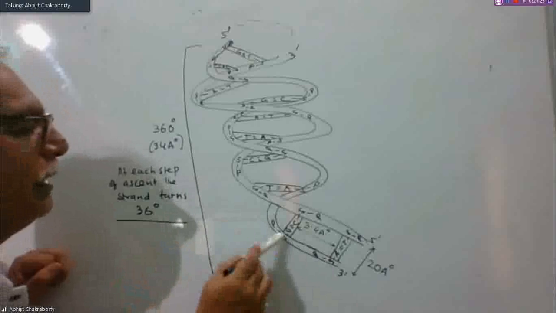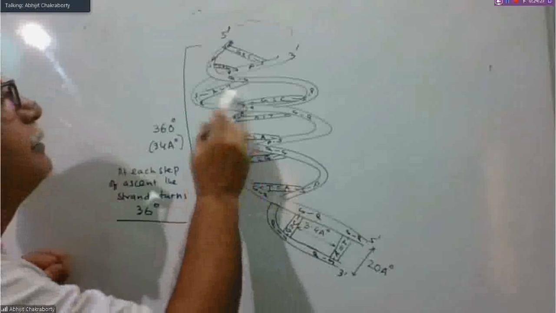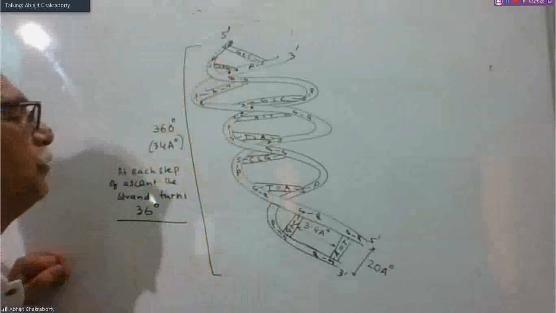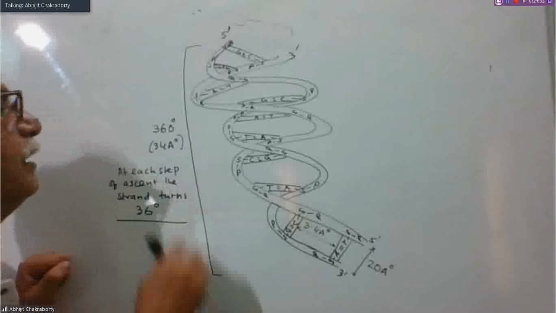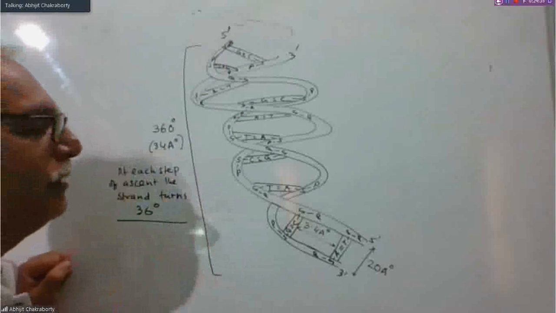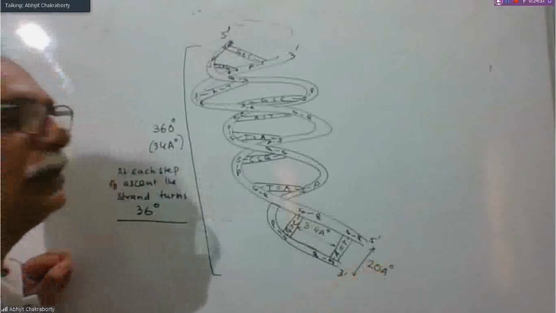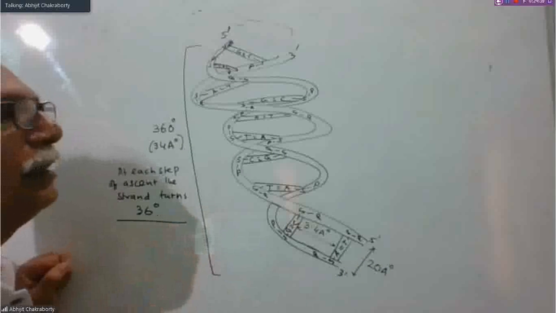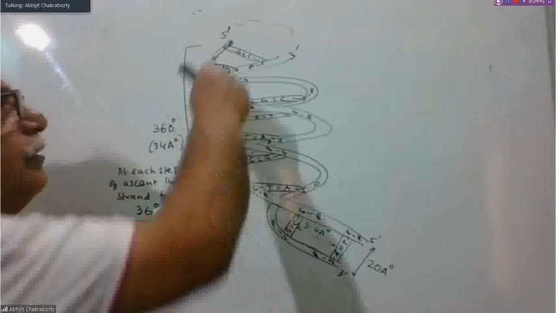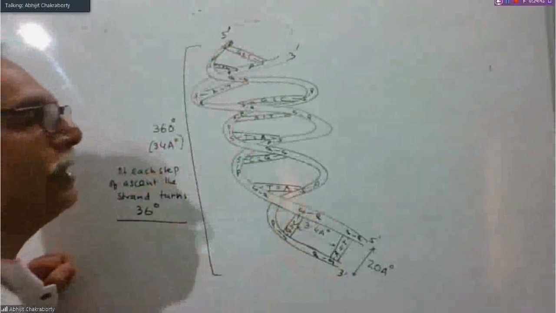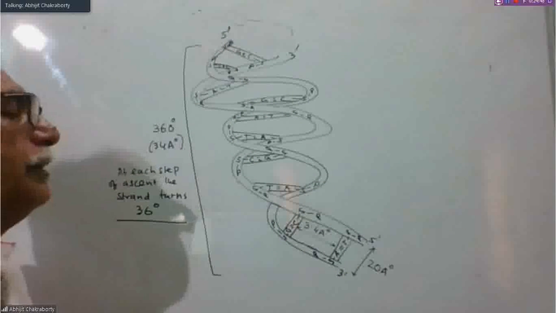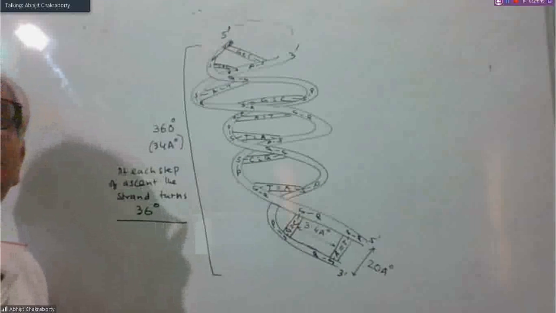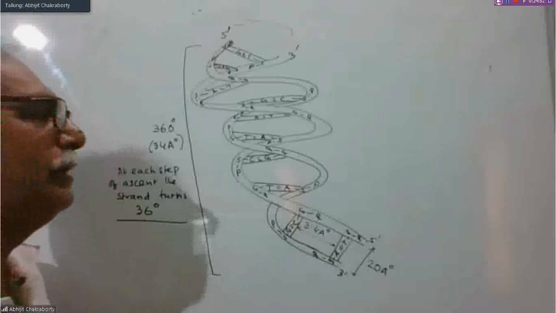So 10 bases, 1, 2, 3, 4, 5, 6, 7, 8, 9, 10, are involved. The total turn should be 36 into 10, 360 degree. And the length of which is 34 angstrom, and the diameter of the DNA is 20 angstrom. These are the double helical structure of DNA. One strand runs from 5 prime to 3 prime direction, whereas the other strand runs from 3 prime to 5 prime direction. Two strands of DNA are found anti-parallel.